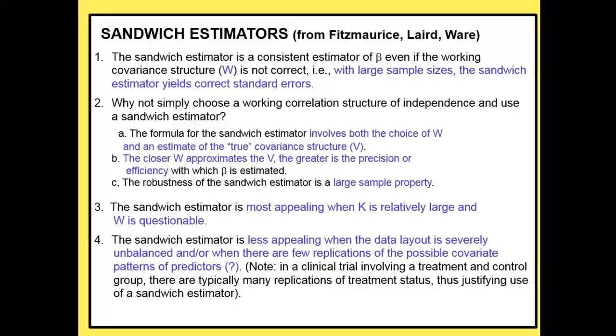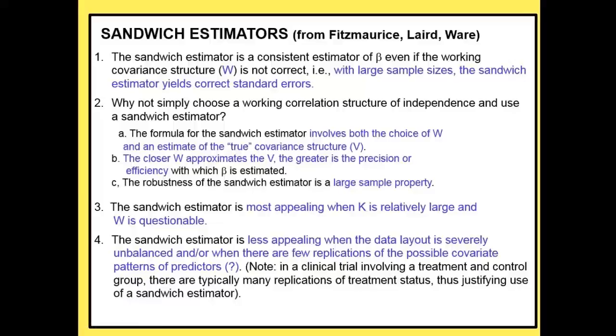Well, the first reason is that the formula involves both your choice of W, whether it's independent or autoregressive or whatever, and it also involves the true covariance structure. It involves the combination of what you're putting into the model and what the true correlation is. So it may differ. The closer W approximates V, the greater the precision, but there's no guarantee that for any W you take with the robust estimator, you're going to get exactly the same answer.